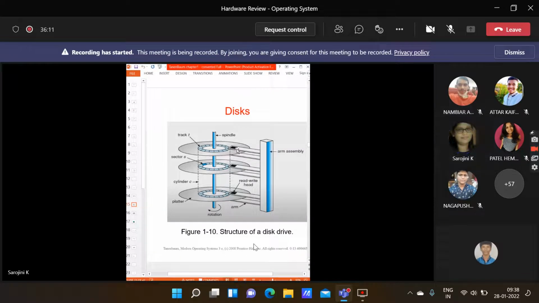So back and forth you will move this. But the disk will rotate. So through rotation, you can access the disk content left or right. Through rotating the disk, you can position the appropriate sector. Through moving the read write head, you can position the appropriate track. Is this clear? Students, is this clear?